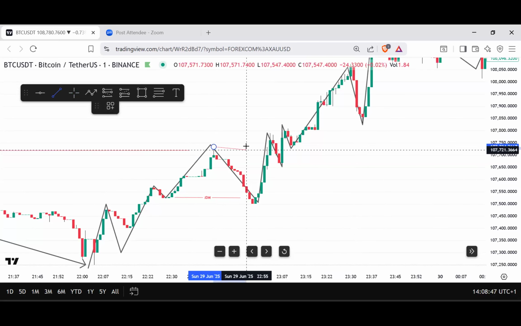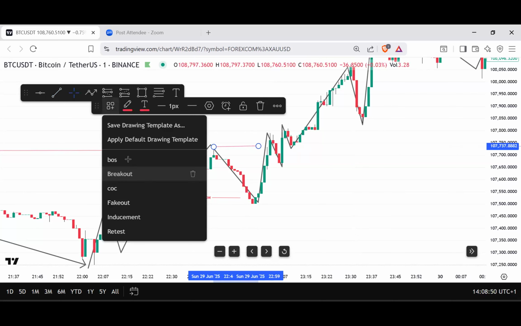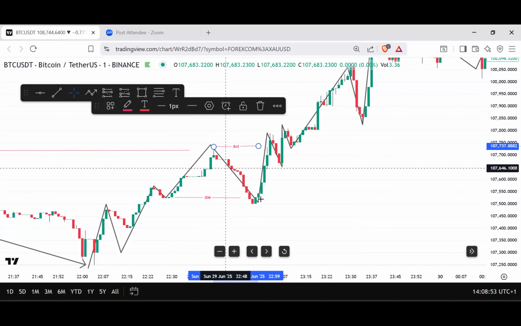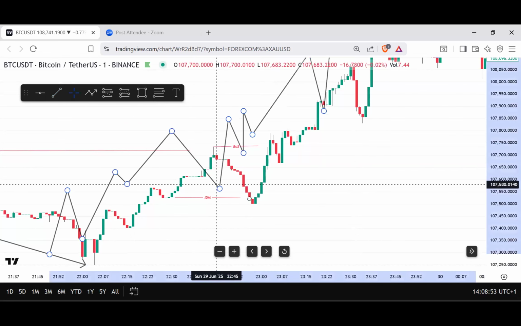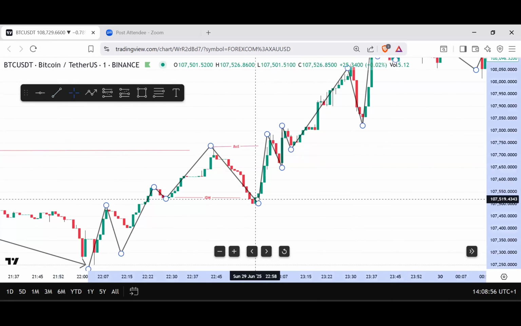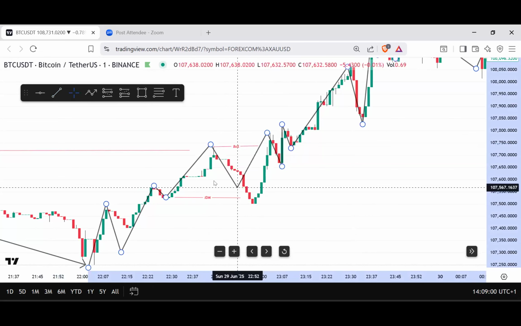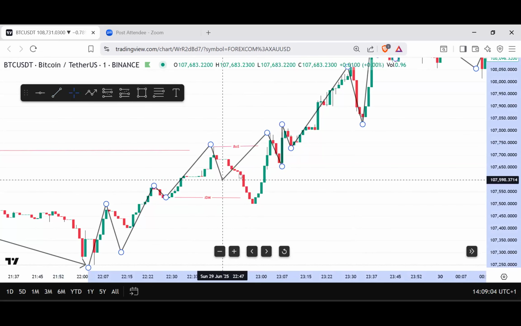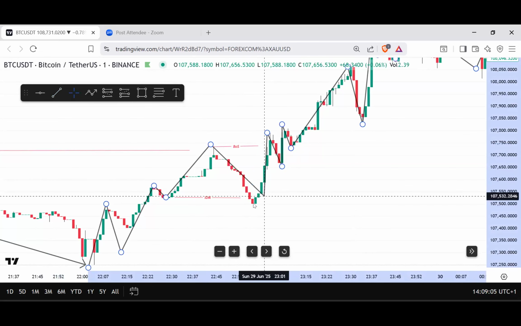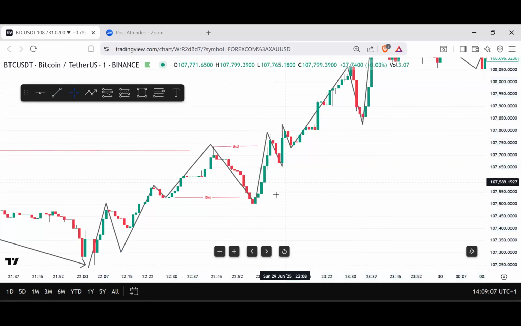In the example you did today, if you remember this move, there was no inducement. So inducement is not always necessary in that case, correct?